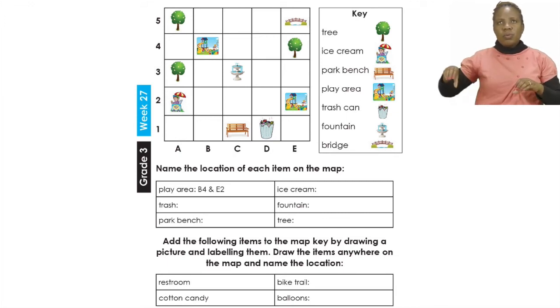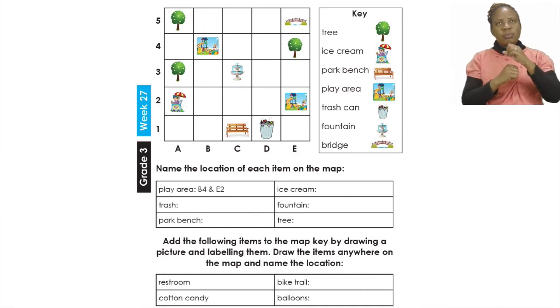So you have to go ahead and find the picture on the grid, and then you have to name the location. So there you will see the play areas locations have been given to you already. So you see there it says the play area location is B4 and E2.